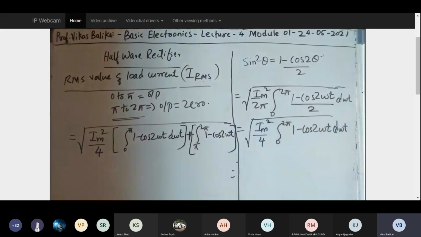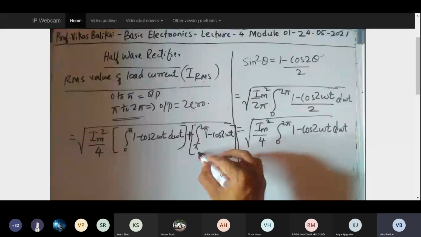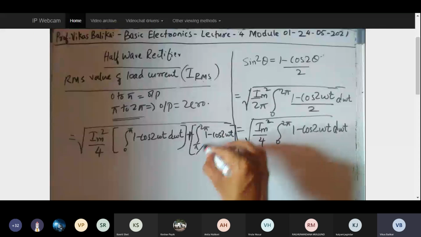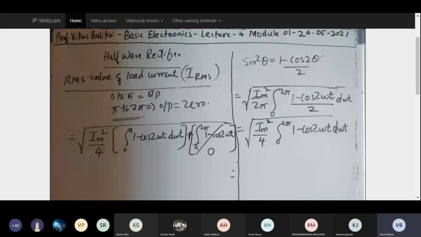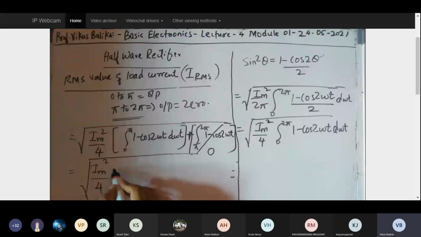Now, because I know from pi to 2 pi the entire integration is going to be 0, since I don't have any current flowing in my half wave rectifier from pi to 2 pi, I'm not going to consider this entire section. So my resulting equation will be the square root of Im square by 4, times omega t minus, can I write the integration of cos 2 theta as sine 2 theta by 2?